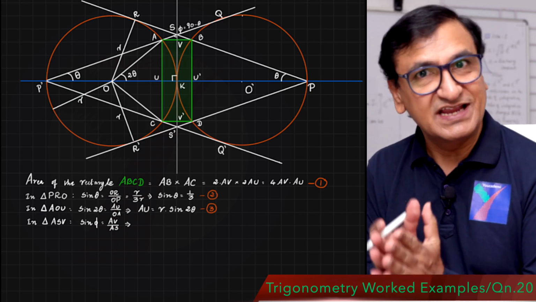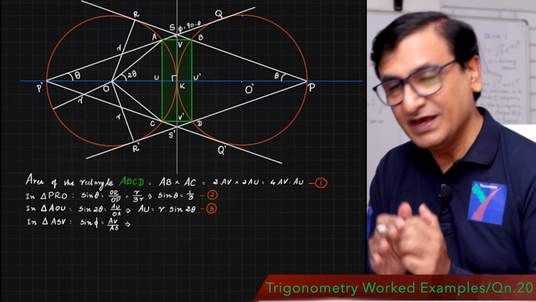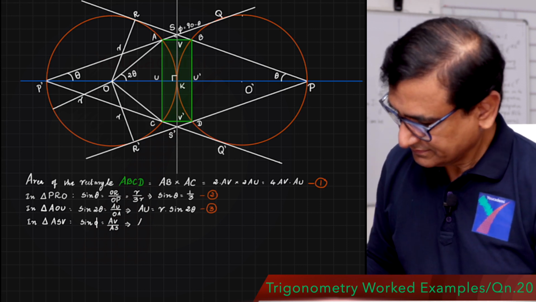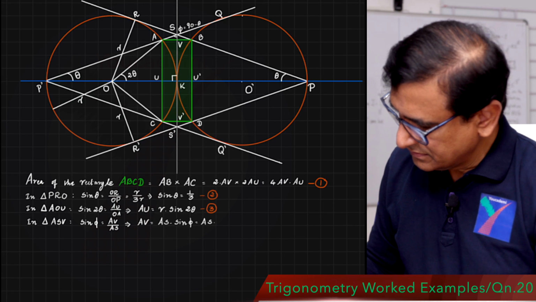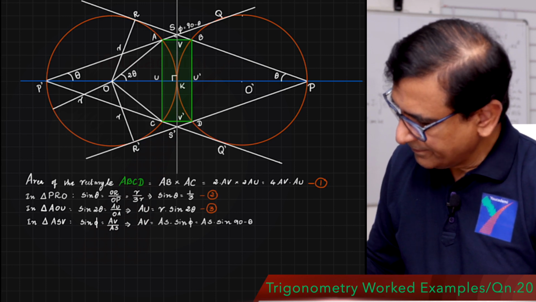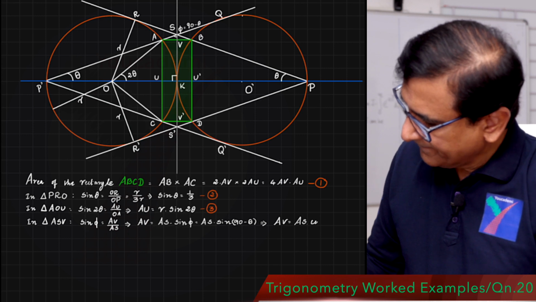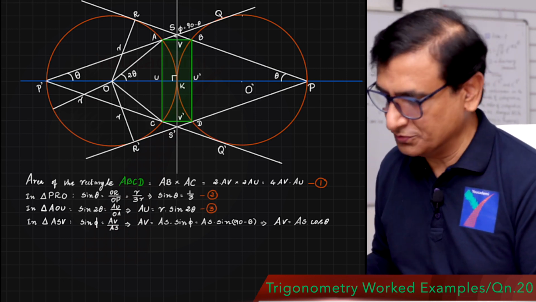Therefore, AS sine 90 minus theta. Sine 90 minus theta is cos theta. Therefore, AV equals AS cos theta. Okay, so let me call this equation number 4.